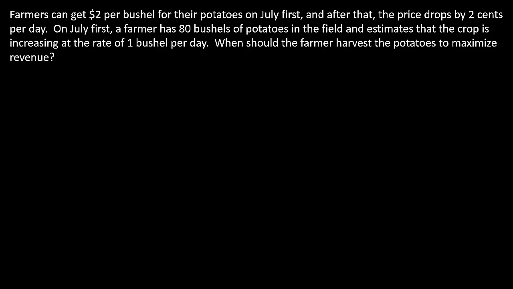All right, so let's identify our variable and then let's come up with the function that we've got to maximize in this problem. So I'm going to let x equal the number of days after July 1st.